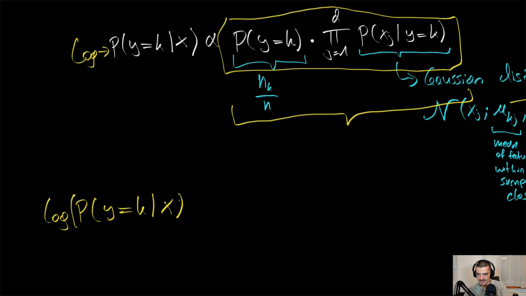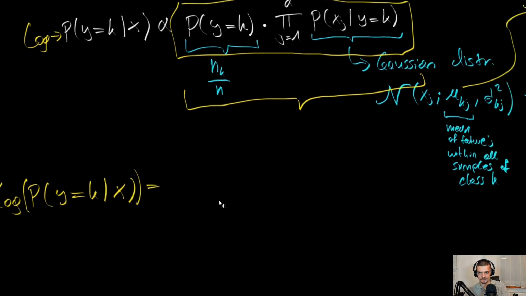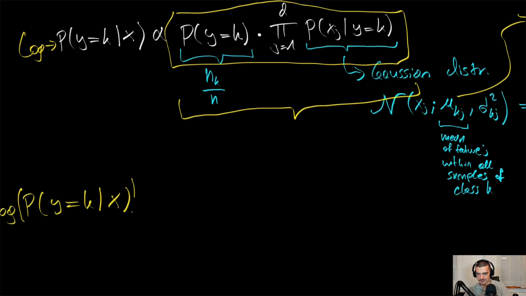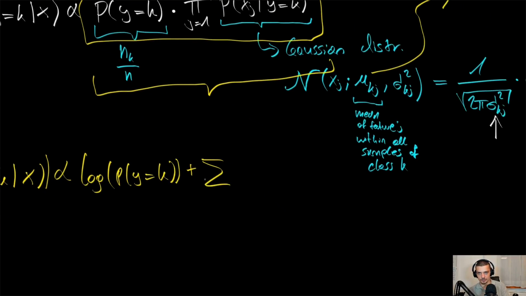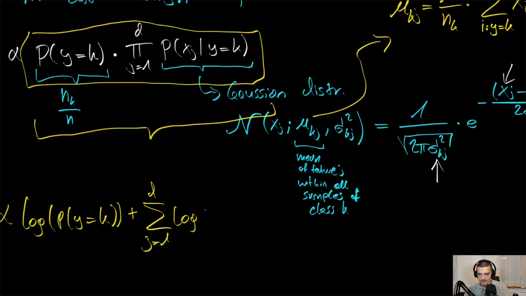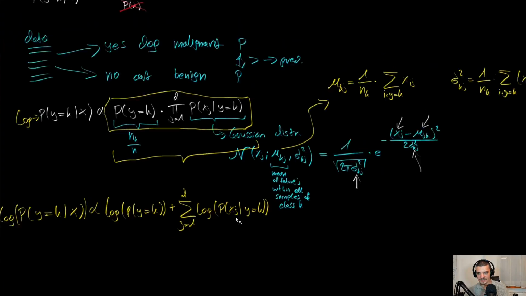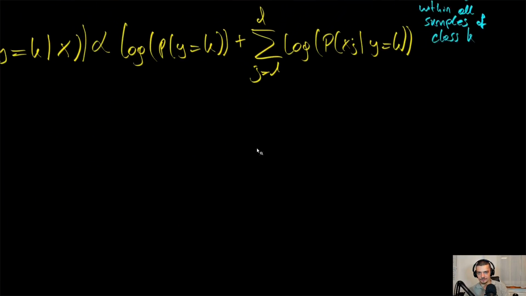The logarithm of that is now proportional to the following: the logarithm of the prior probability, so y is equal to k, plus the sum. Now the product turns into a sum because we're working with logarithms. j equals 1 up until d, and of course we take the logarithm of the probability. So P(xj given y equals k), sorry, I forgot a P. There you go. That is now our new formula.